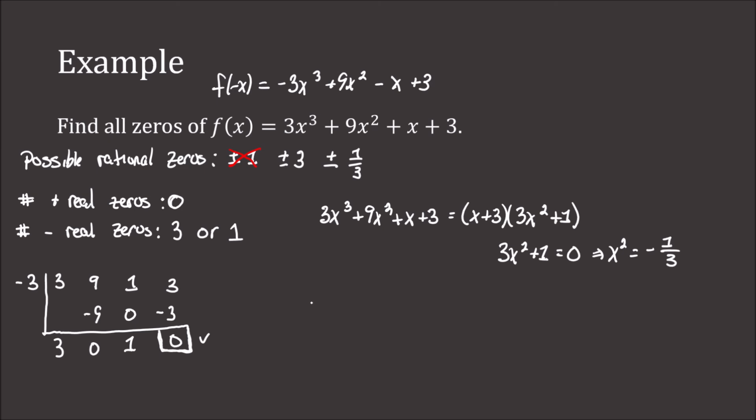So our zeros: we have negative 3. Then we will have negative 1 over the square root of 3 i, and positive 1 over the square root of 3 i. And how I got those is just by solving this here by taking the square root.